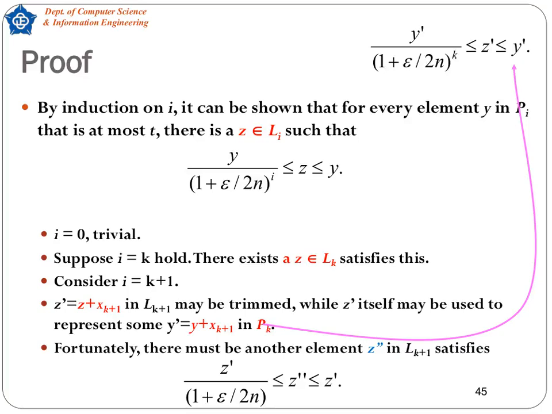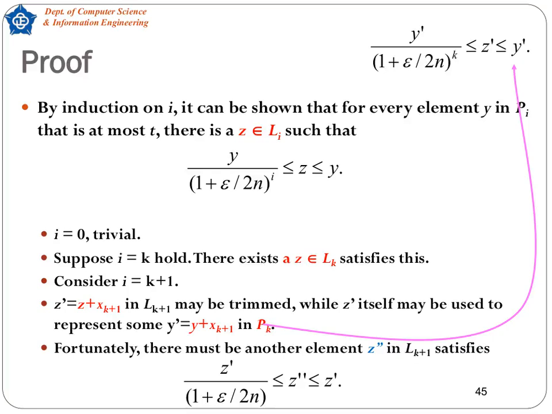P and L both contain only 0, so the inequality holds. For the inductive step, assume the claim is true for i equals k. That is, for every y in P, there's a z in L with y divided by 1 plus epsilon over 2n is less than or equal to z is less than or equal to y.